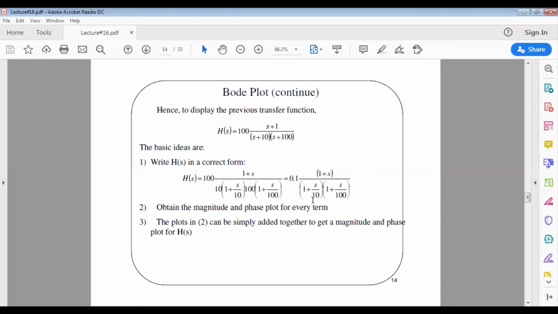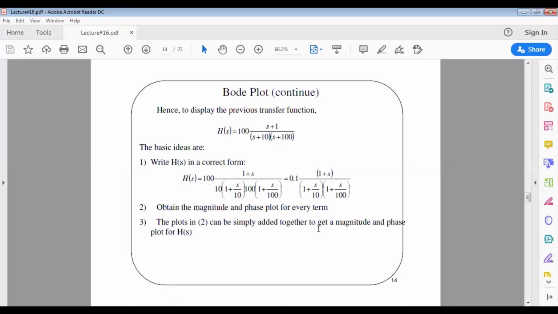Once you obtain the plots, both magnitudes and phases, you head to the third step, which is that the plots in number 2 can simply be added. So we have to add them together to obtain the actual magnitude and phase plot for H(s).